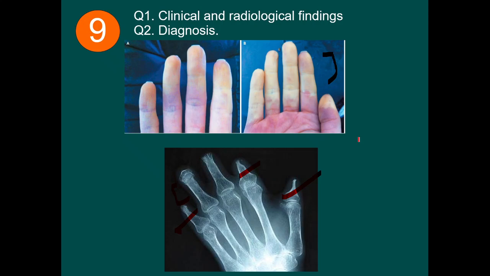That is what you are seeing in the X-ray. The clue related to it, you can find in the rheumatology chapter of Harrison. If you want an option, the skin will become very thick in this patient.